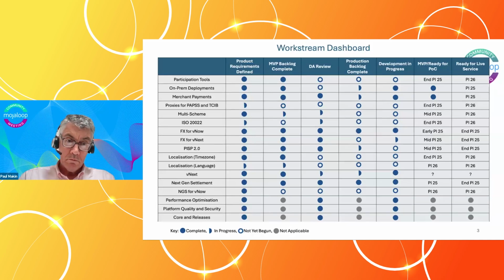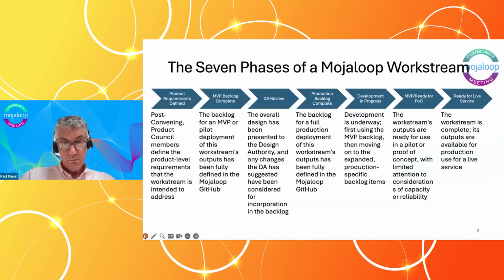Just from the previous slides that you articulated in terms of the process flow, something I've observed in the past is that often when we get to the DA, we're still talking about requirements. So is there any plan to make sure that we align the two processes and avoid slowing down the DA design approval?